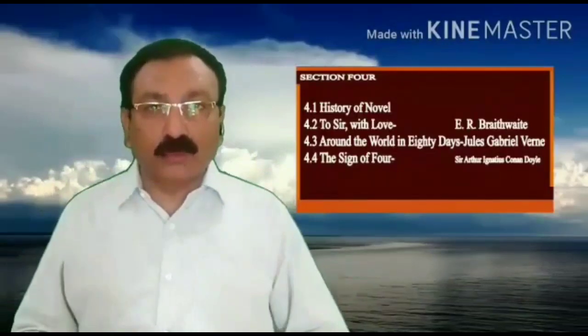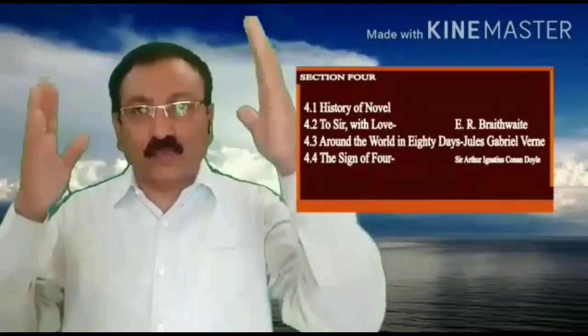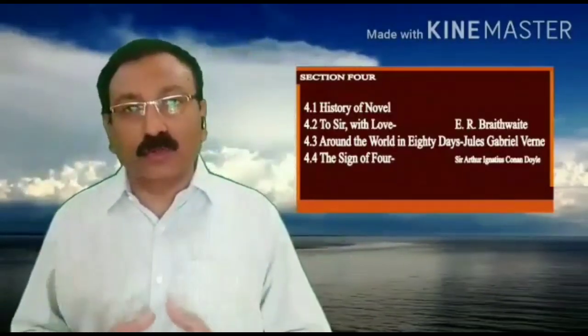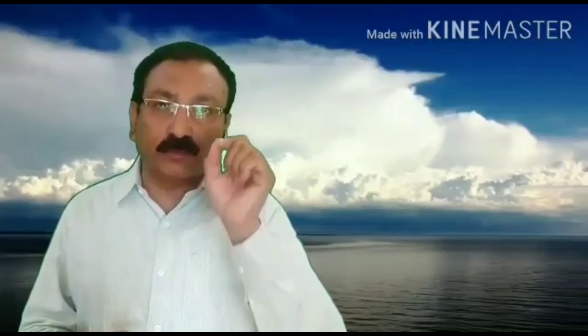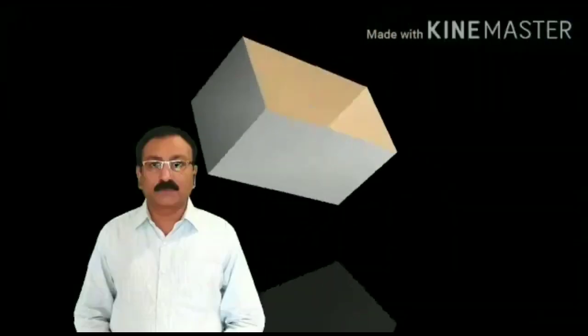So we are going to have these 4 sections in our textbook, and I am going to deal with the second section, that is poetry. Let us see the first poem from our textbook. As I told you, I will deal with the second section, poetry, and in this section we have 8 poems.